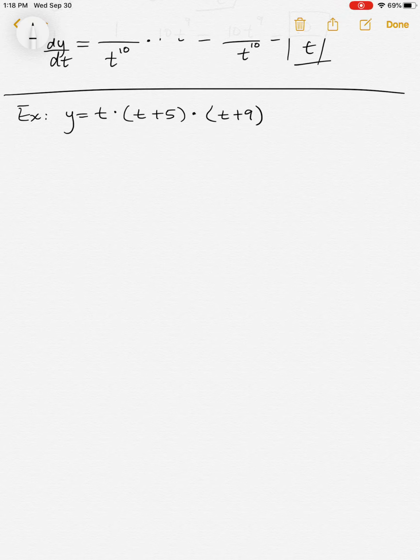Now, rewrite using log properties. This is where the game gets real. I'm going to take the natural log of each side so I can start using my log properties. So I took the natural log of y equals the natural log of everything that was on the other side.